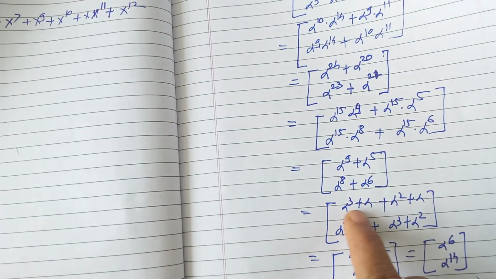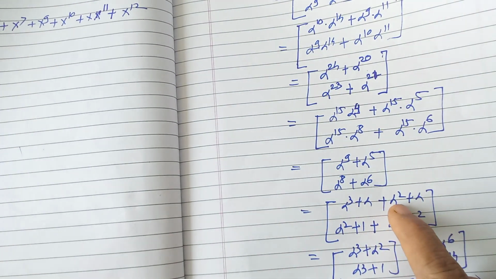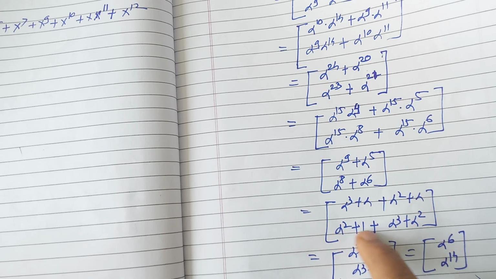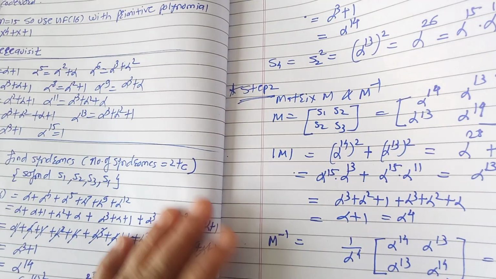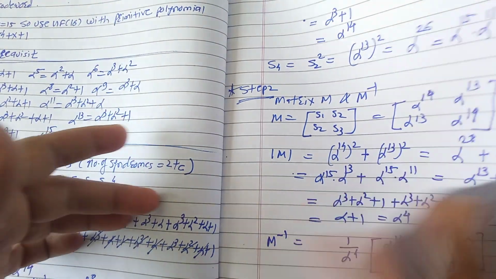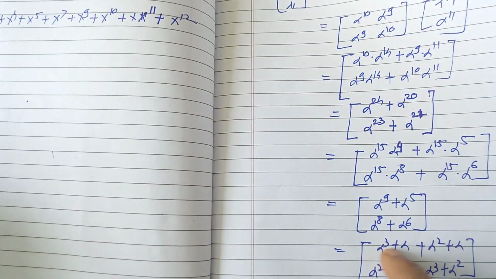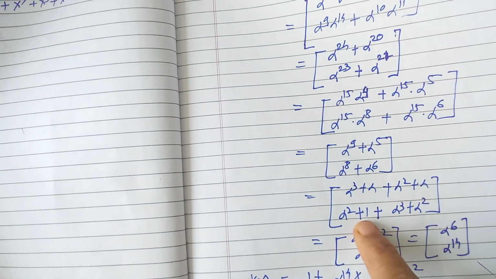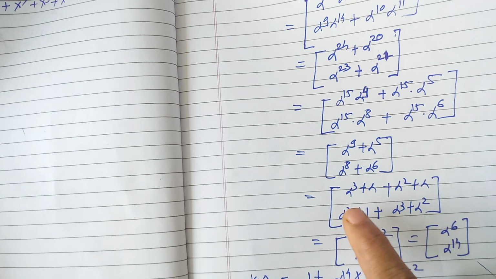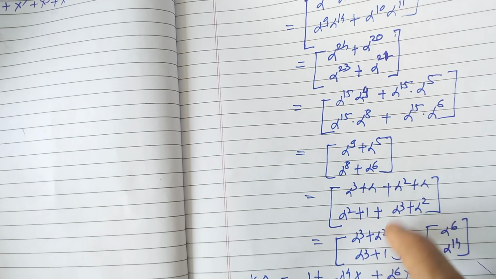So alpha 9 is equal to alpha cube plus alpha, alpha 5 is alpha square plus alpha, alpha 8 is alpha square plus 1, alpha 6 is alpha cube plus alpha square. All these values are here. Like alpha 9 is alpha cube plus alpha. And other things you can see. So after that similar terms get cancelled out. So alpha cube plus alpha square is alpha 6.